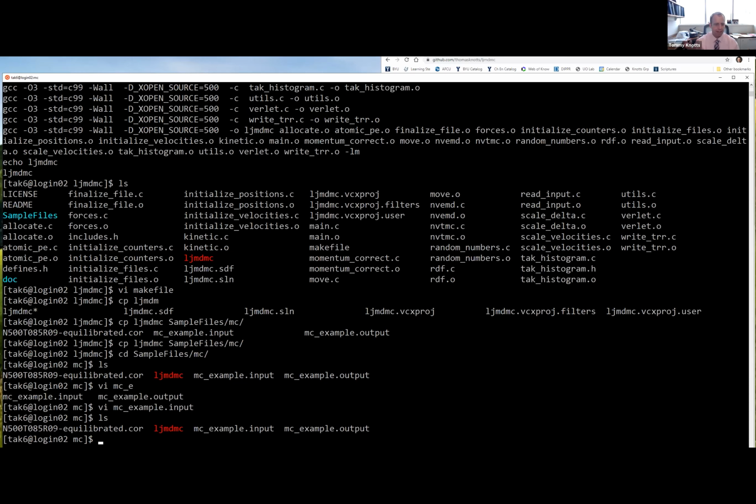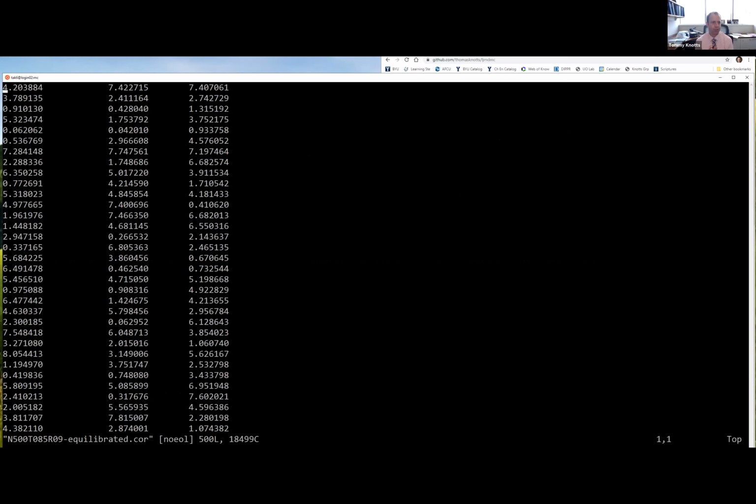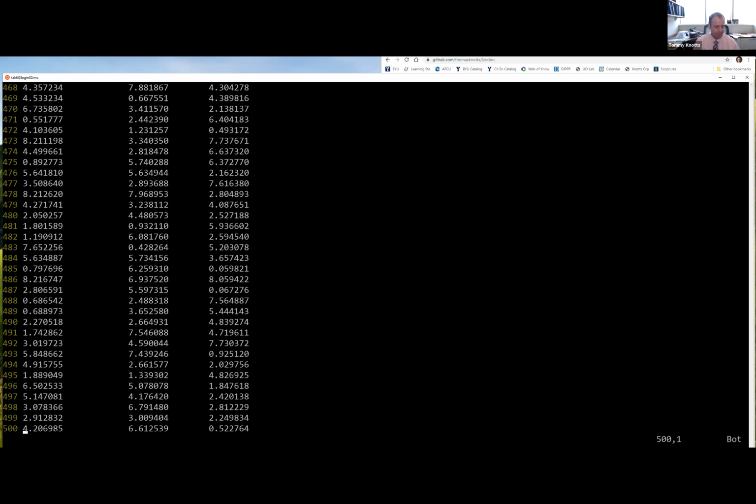You don't have to use that nomenclature. I've already run a 500 particle system at this temperature and density. If you look at this, it's just a list of 500 XYZ coordinates, one set of coordinates for every particle. The line numbers you see on the left go to 500.